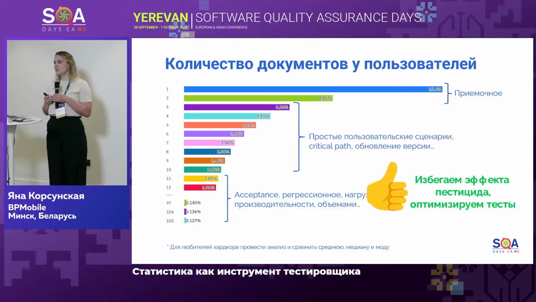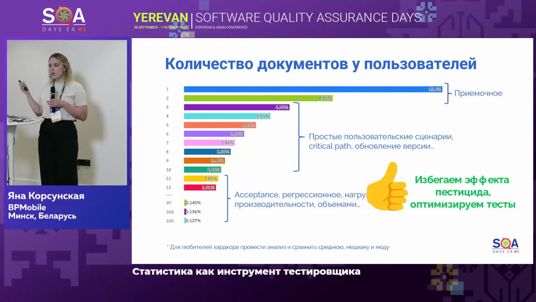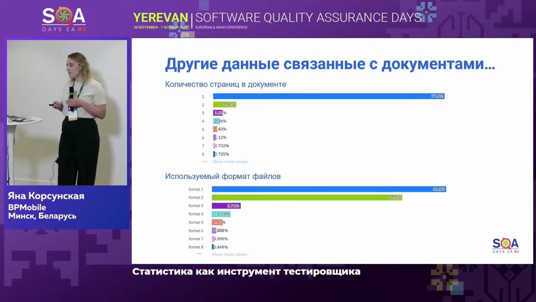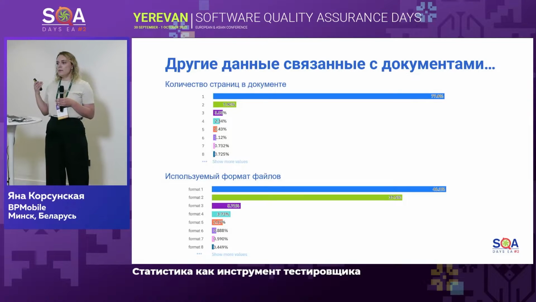I believe that once in your lifetime you came across the question why you're testing that. Maybe it's useless. It's some unreal scenarios you're trying to explore. But the user statistics allows us to give a clear answer to this question, which is supported by statistical figures and data.